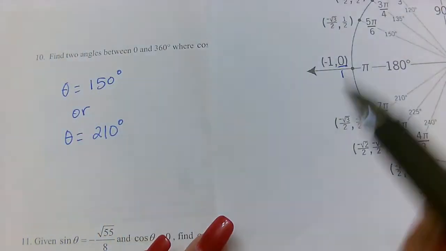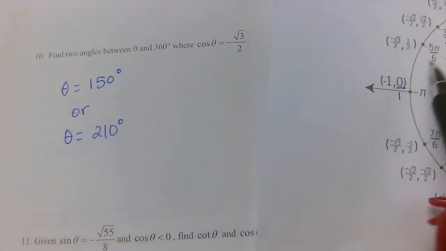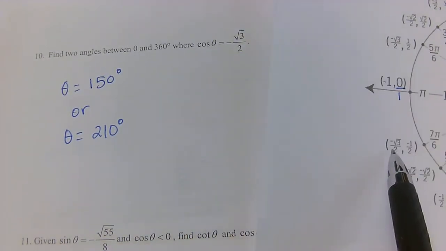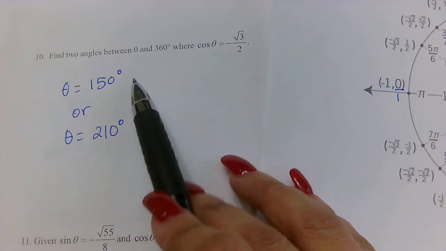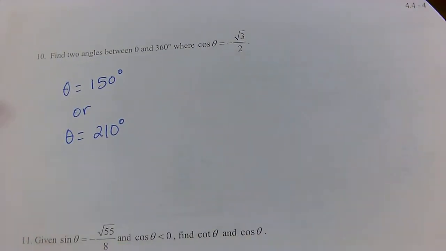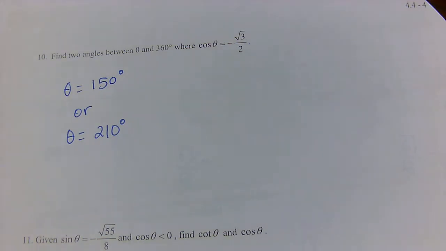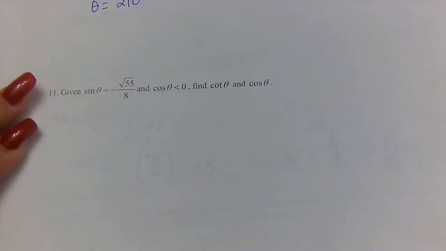Remember, this is going to be our x value. So this is our x, this is our x. These are the same values. These are our correct answers. Hopefully that's not as difficult as you may have thought it to be. Okay, we're going to go ahead and do one more of those, and we're going to be essentially done.